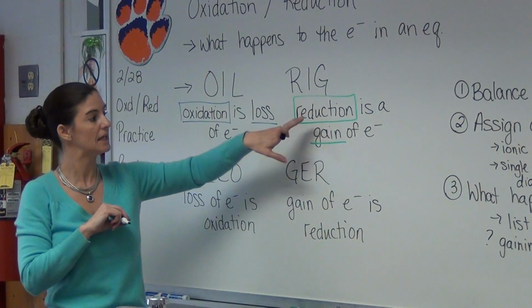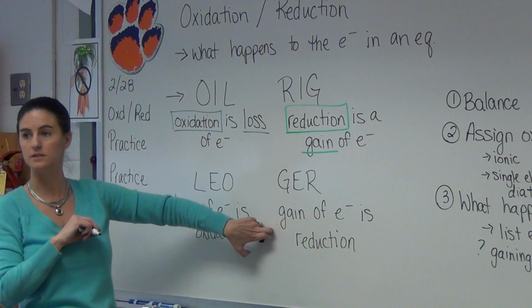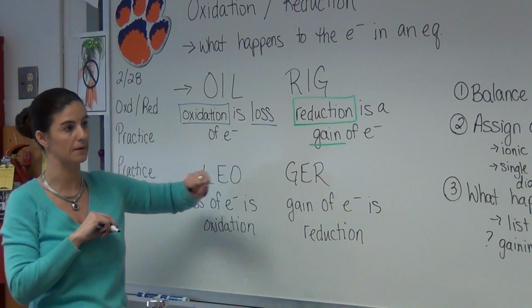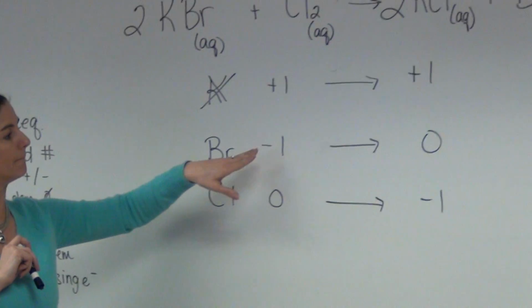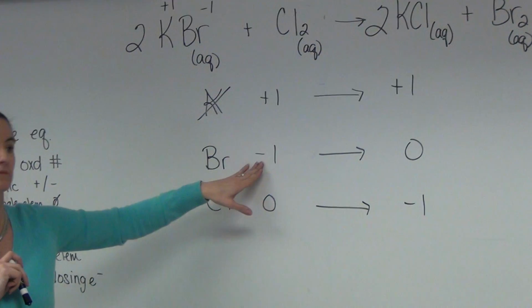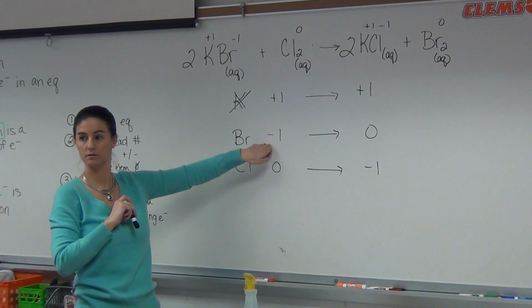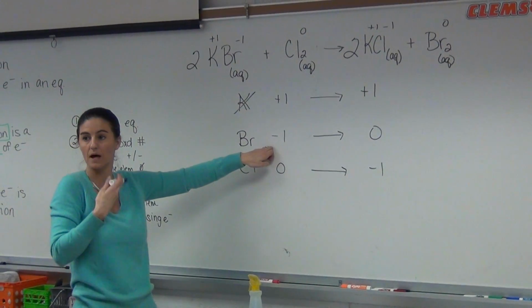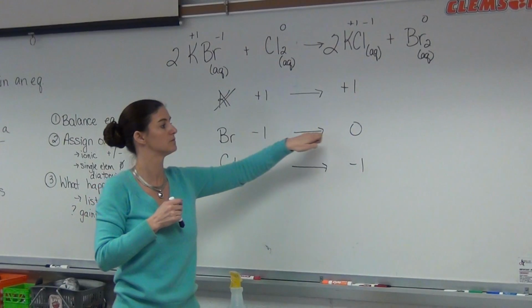Reduction is a gain of electrons, or gaining of electrons is reduction. Means the same thing. So, bromine, -1 to a 0. And we said if you lose a negative, you become more positive. So we're going from a -1 to a 0.